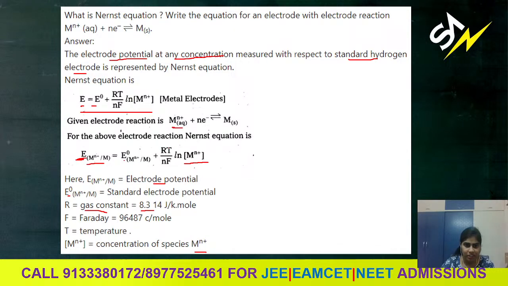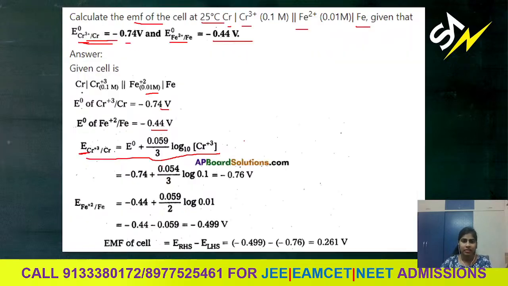In this Nernst equation, if we apply the standard values of R, T and F, we get the value 0.059. And how do we get 3? Because 3 electrons are involved in this conversion, Cr^3+ to Cr. That's why the n value is 3, with log to the base 10 of the concentration of Cr^3+. The concentration is already given, that is 0.1 M.